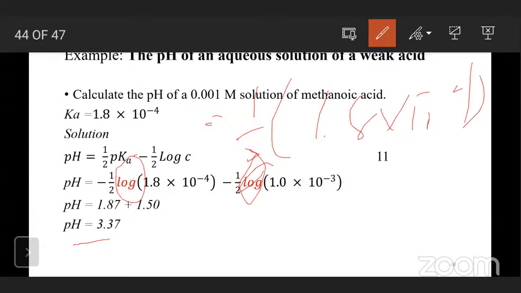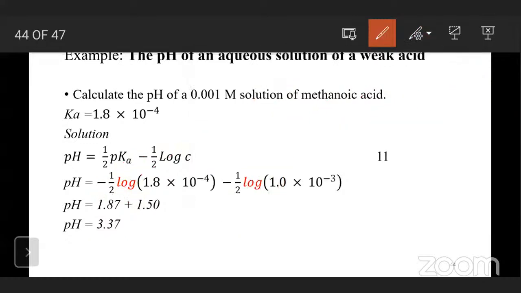If you put log here at this end, but you forgot to put log at this other end also, you will get your answer there. If you do this one properly, but you forgot to put log here, you'll get your answer. And if you forget to put this half there in the expression and just use maybe 3.74, you will get your answer there.